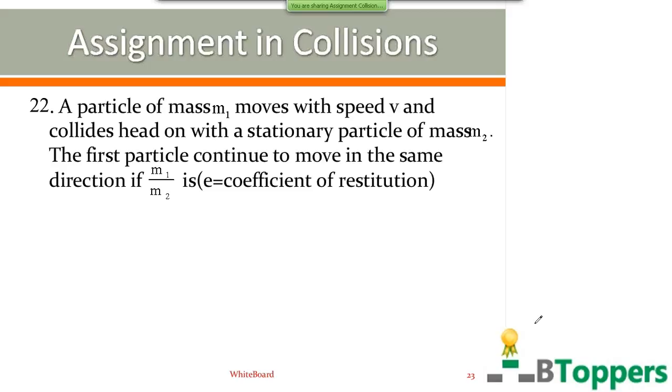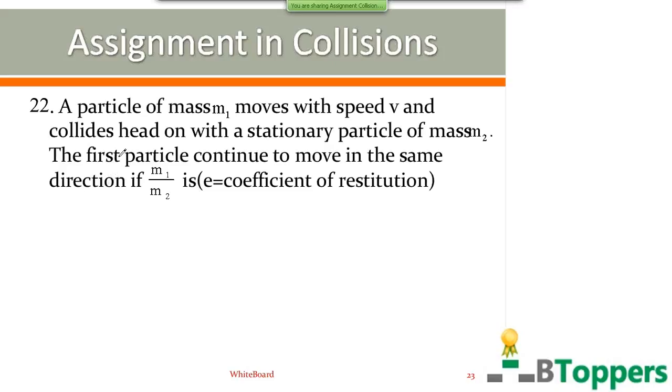A particle of mass m1 moves with speed v and collides head-on with a stationary particle of mass m2. The first particle continues to move in the same direction. If m1 by m2 is... The first particle will continue to move in the same direction if v1 and u1 have the same sign.